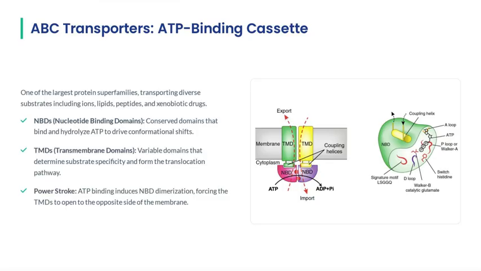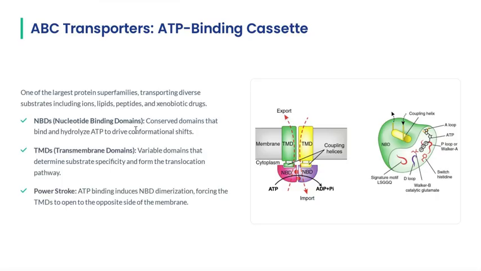Next, we have ABC transporters, which is ATP-binding cassette. This is one of the largest protein families, and it transports diverse substrates, including ions, lipids, peptides, and xenobiotic drugs.